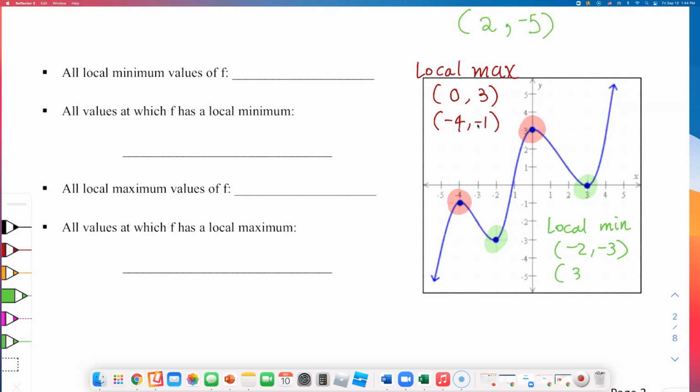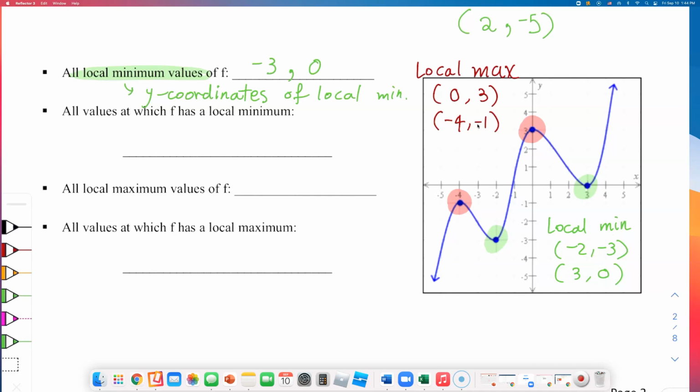Okay, starting with the first question. What are all local minimum values of f? Okay, so the green ones, it's asking for the y coordinate of local min. The y coordinates are -3 and 0. So you have to write down -3, comma, 0.